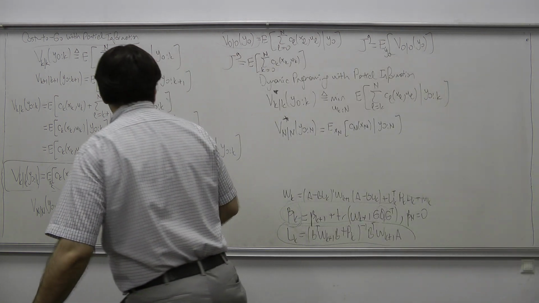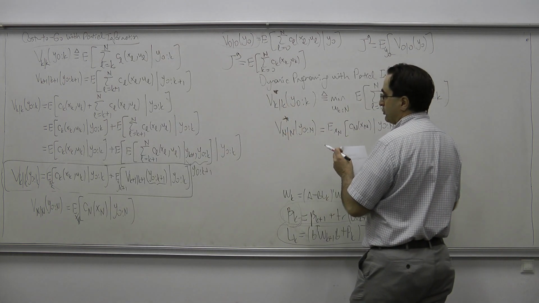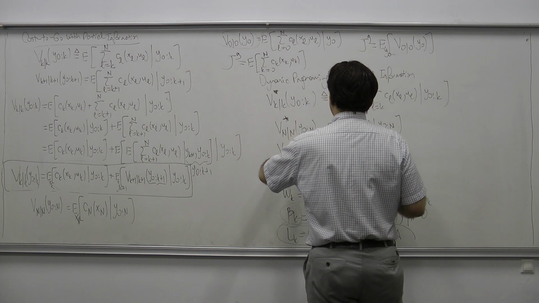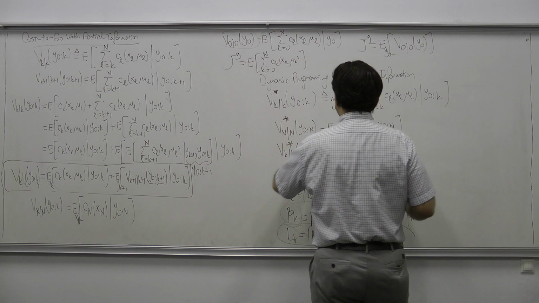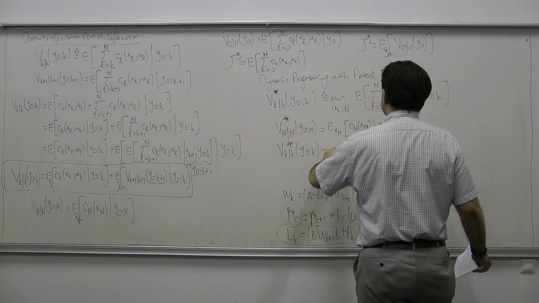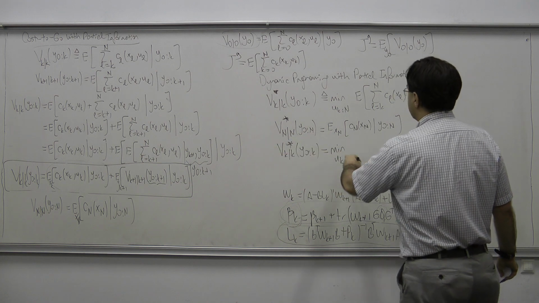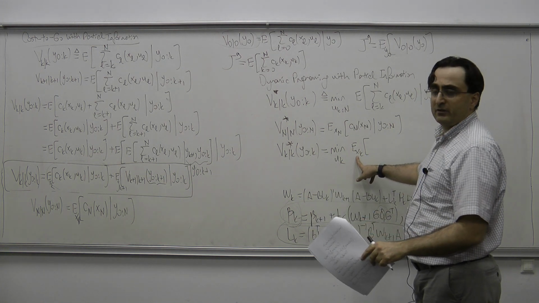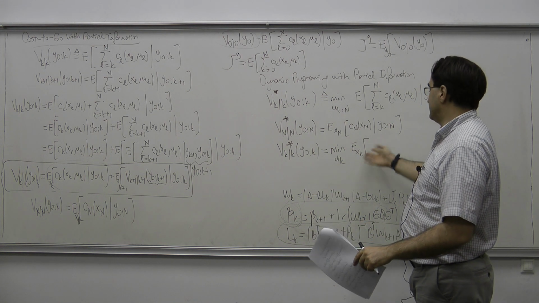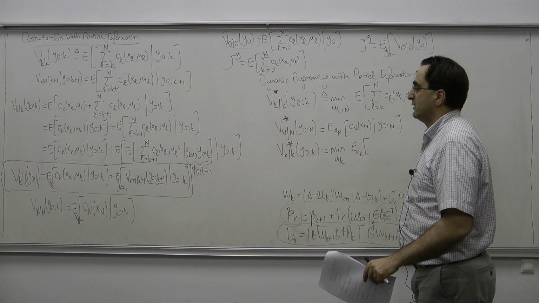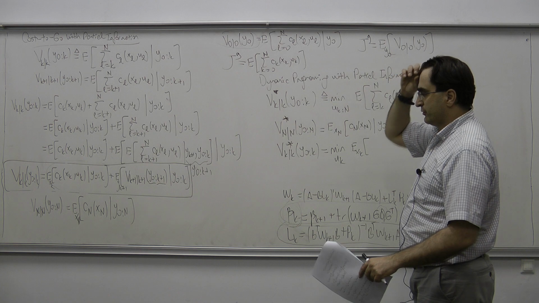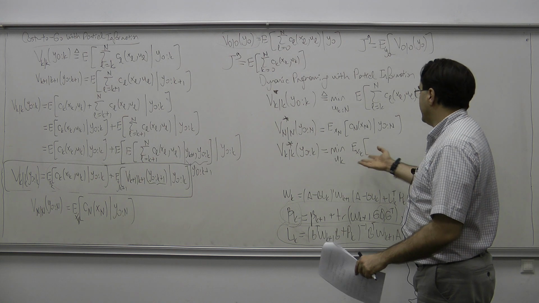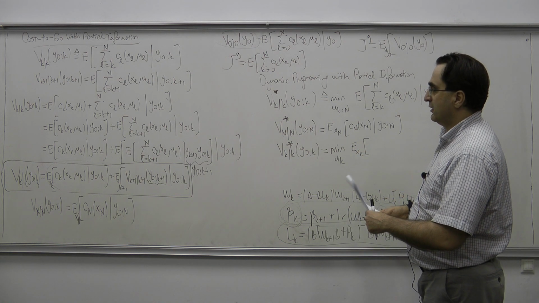And then comes my backwards recursion. We initialized our dynamic programming recursion, and then comes our recursion: Vk given k star of y0k is equal to the minimum with respect to uk of the right-hand side there. Expected value with respect to, here really I do not have to put these subscripts, but I'm putting them for the sake of simplicity so that you see what the expectations are with respect to; there is no such standard notation in the books.